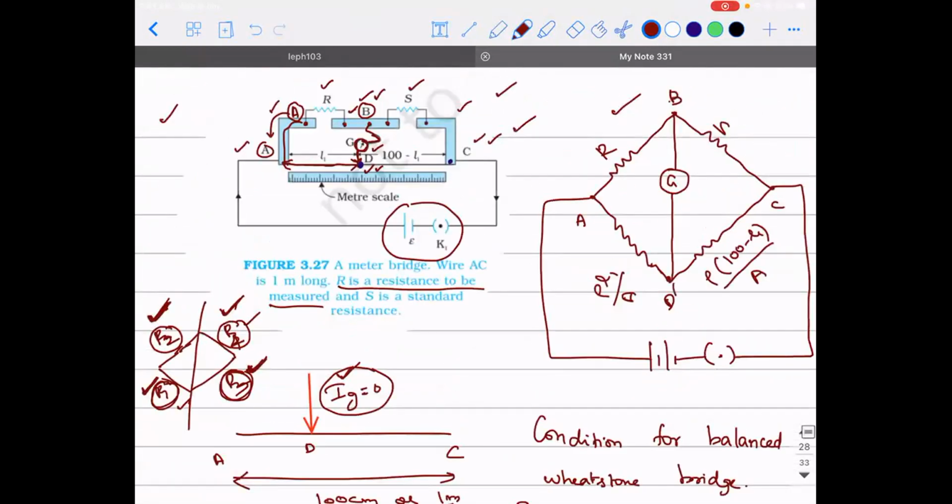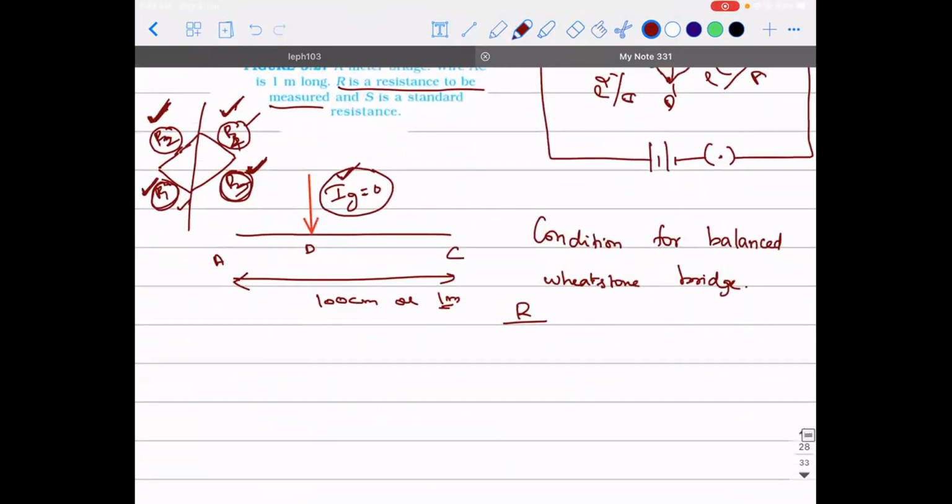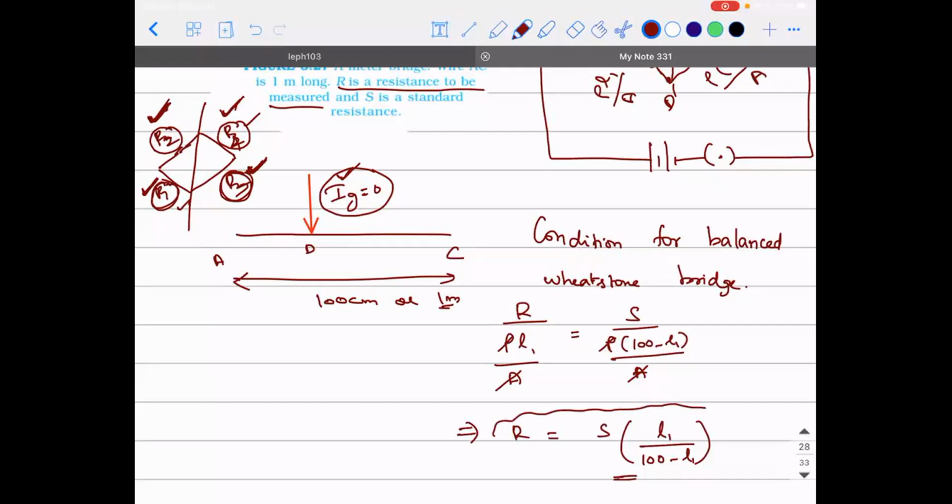In a similar context, you guys tell me what will happen. If I break along BD, then R divided by rho L1 by A equals S divided by rho into (100 minus L1) by A. So R equals S into L1 divided by (100 minus L1).